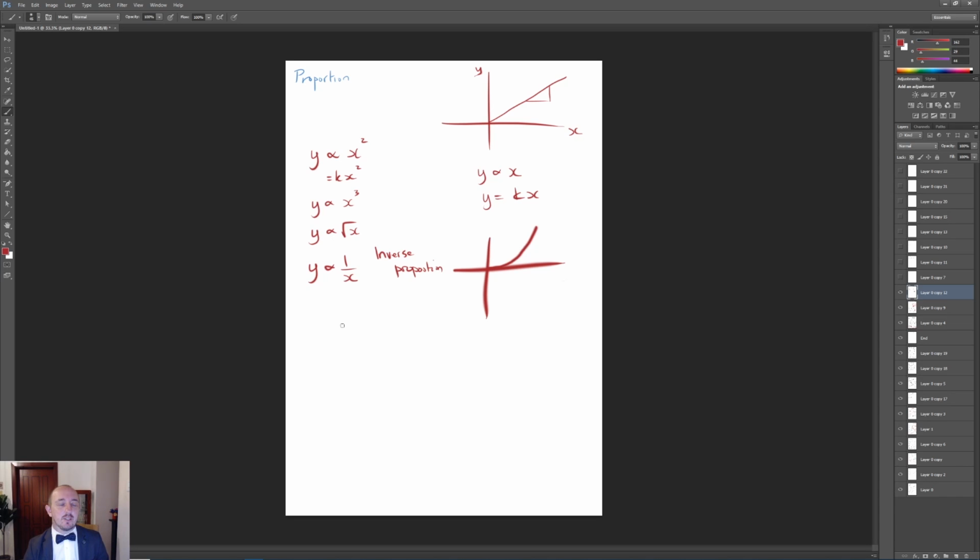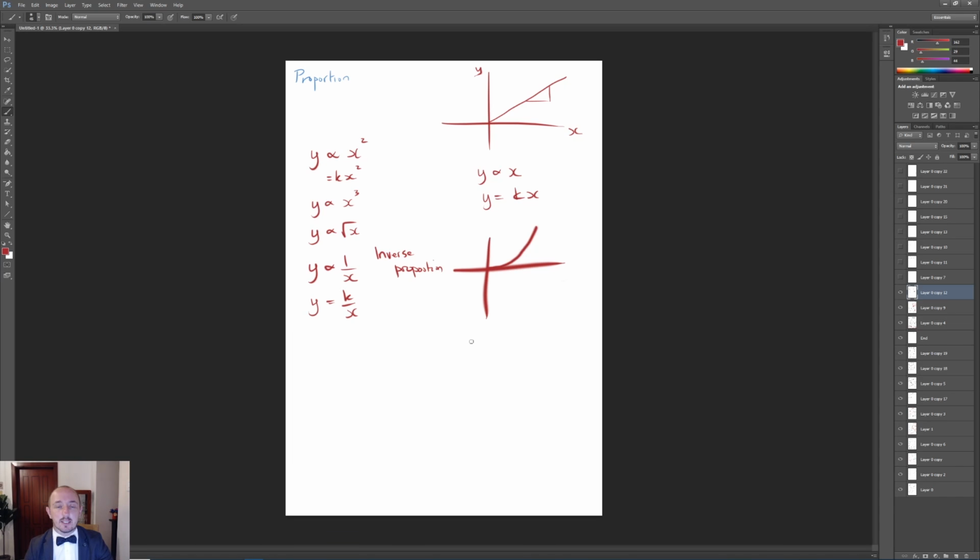And in this case we don't just do equals k, we make it y is equal to k over x, or k over root x, or k over x squared. So for inverse proportion we do 1 over.